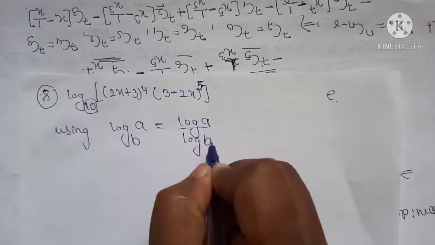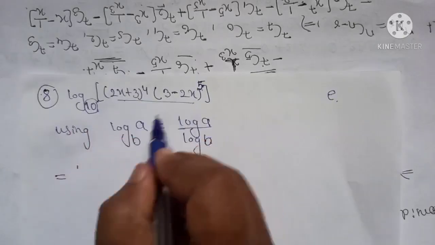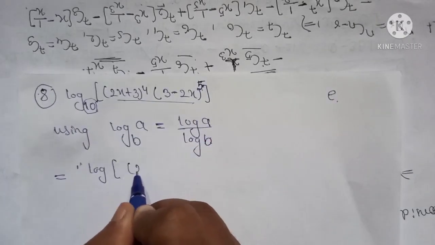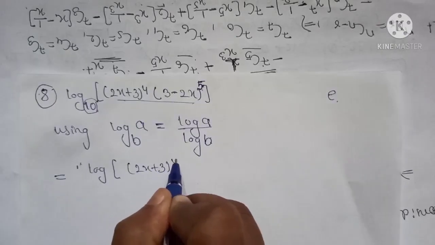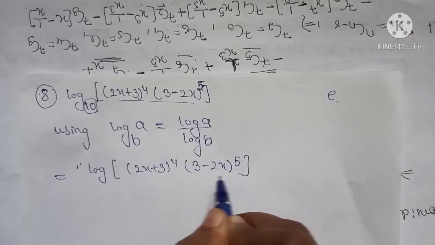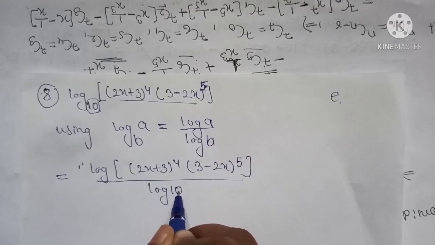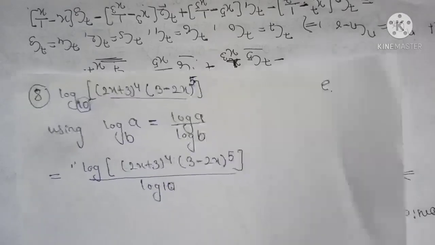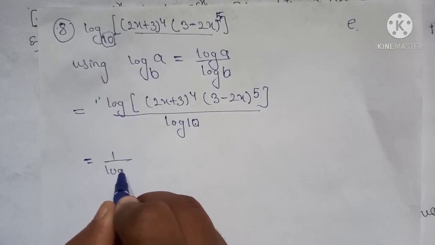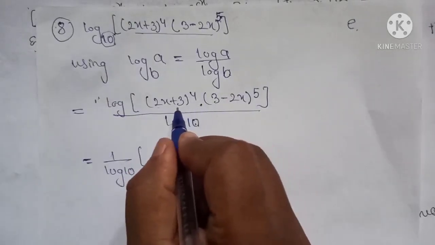First we apply this formula, therefore it is equal to log a, meaning this function, log of (2x + 3) power 4 (3 minus 2x) power 5, divided by log of the base 10, therefore we write log 10. It can be written as 1 by log 10. The numerator can be simplified as log of m into n.